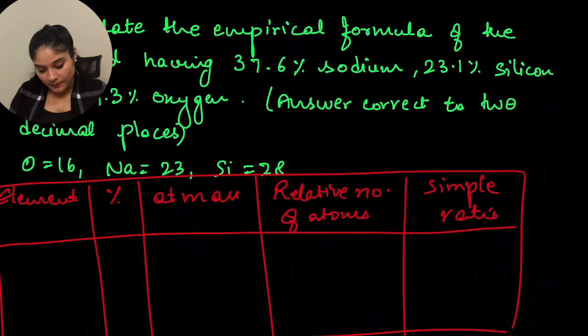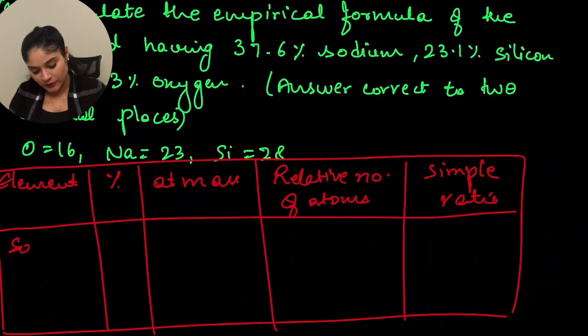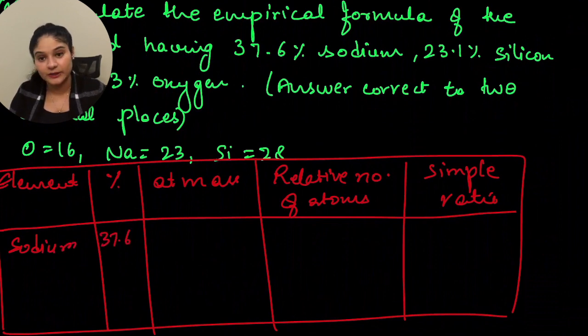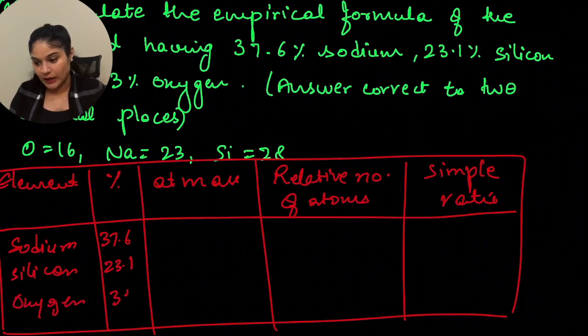Okay, so the first element you have is sodium. Sodium given to you is 37.6%. Then you have 23.1% silicon. Then you have oxygen, 39.3, and the atomic masses given to you are 23, 28 and 16.